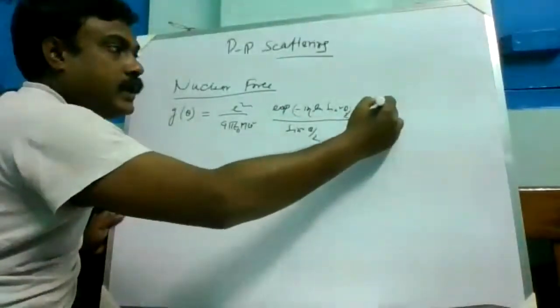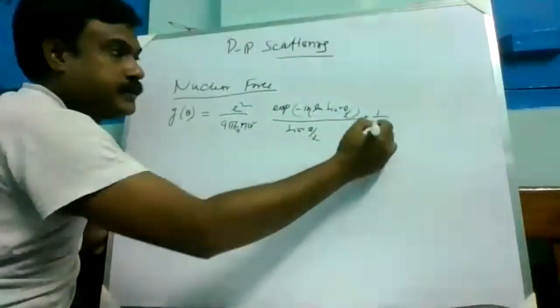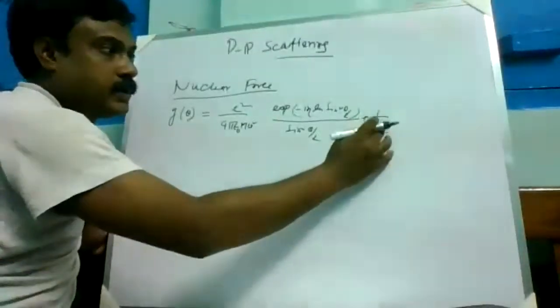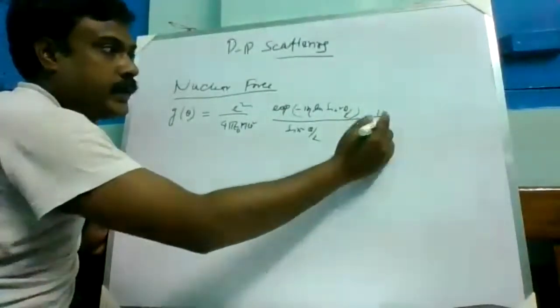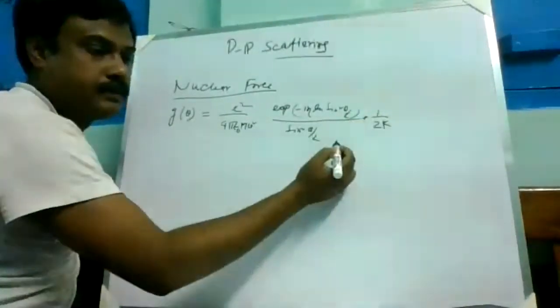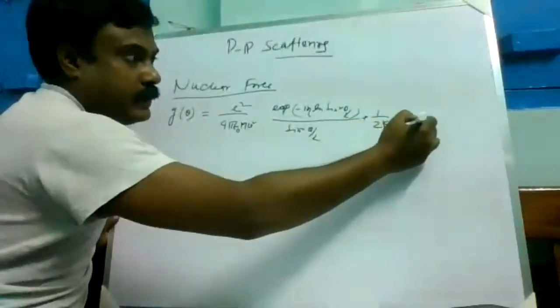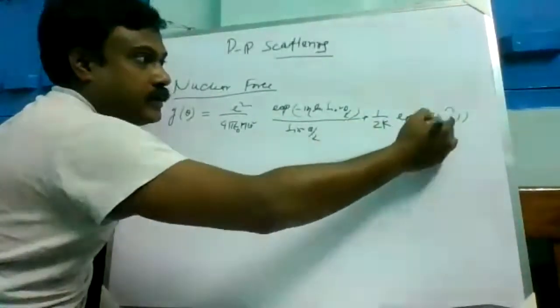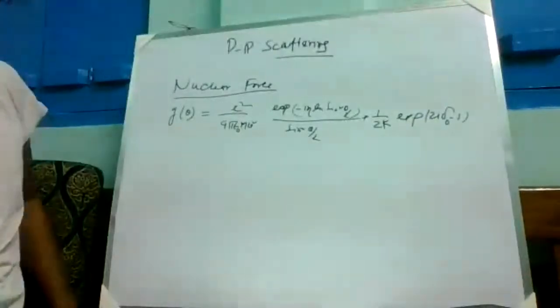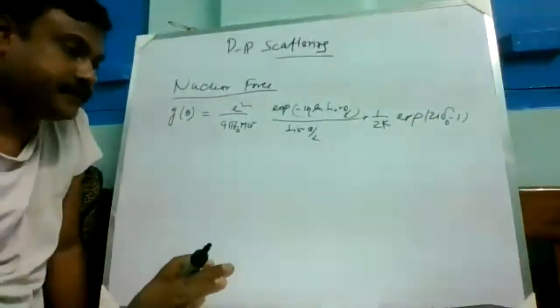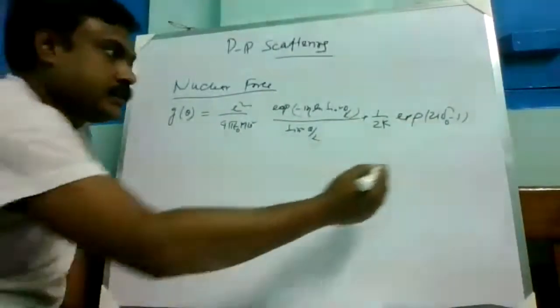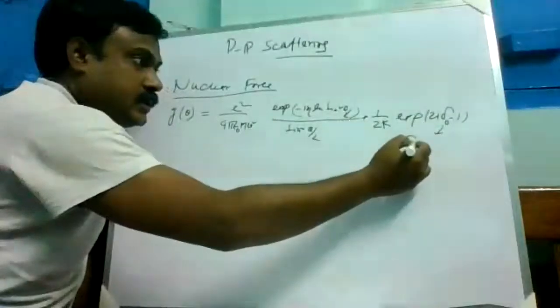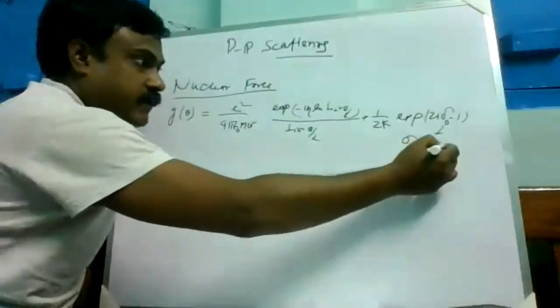And for nucleus, this term we have derived, by 2k, exponential 2i delta 0 minus 1. We have done for NP scattering, where delta 0 is the phase factor.